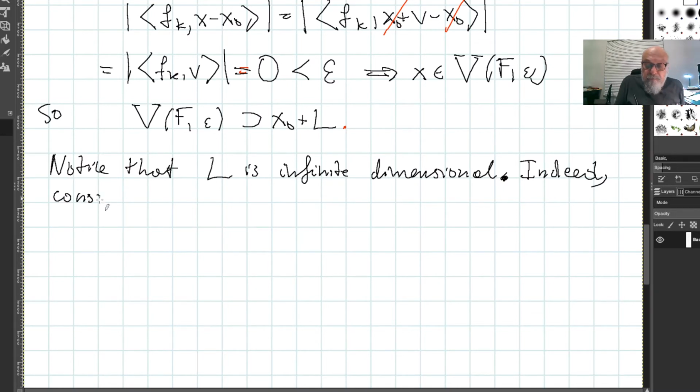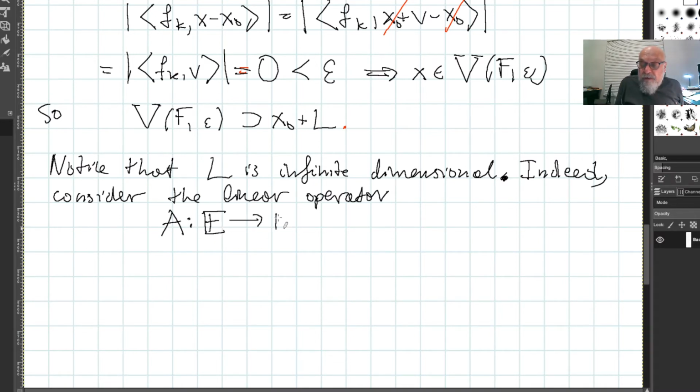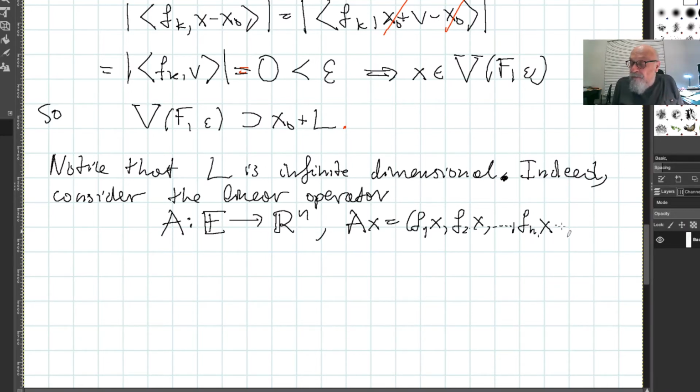Consider the map, the linear operator, and I put here A that goes from E to Rn, and this linear operator is given by A(x) equal to f1(x), f2(x), those are the numbers, up to fn(x).